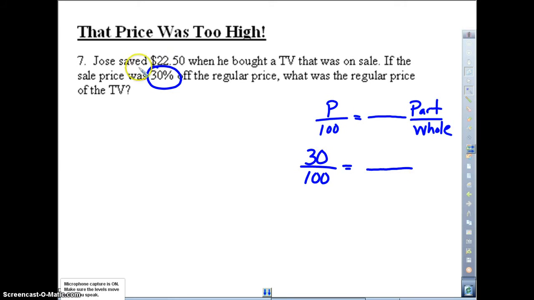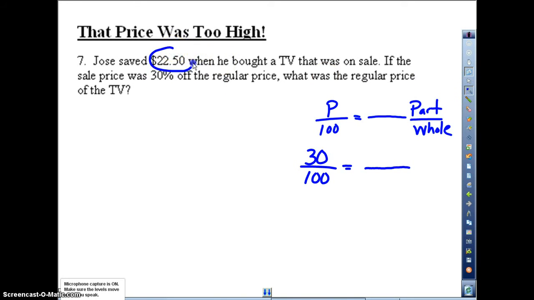Well, let's see. Jose saved $22.50. $22.50 is the part he did not have to pay. It's not the whole price of the TV. So the $22.50 is going to go where in our percent proportion?